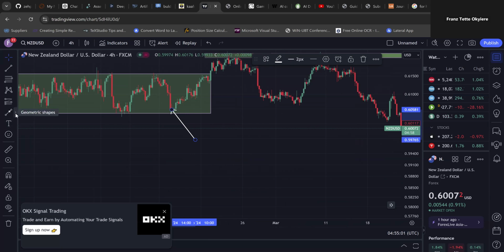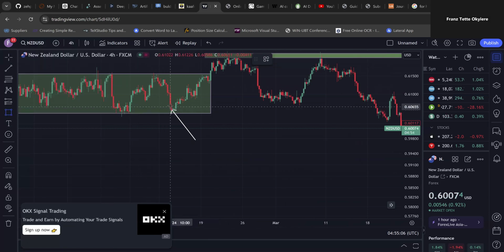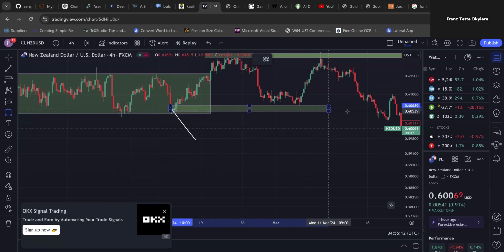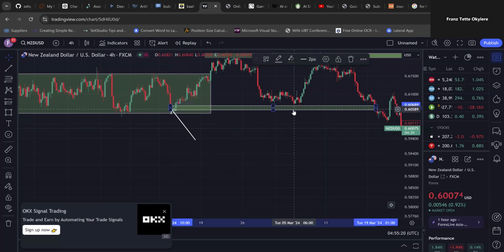It's not rocket science, but you try as much as possible to draw a rectangle whose height takes the height of the candlestick. You see the candlestick is very tall, so you get a bigger one. But what you can do eventually is refine the order block.